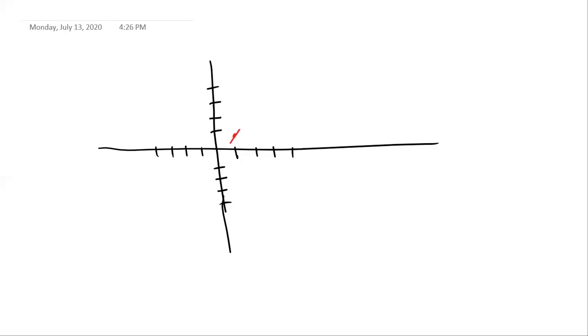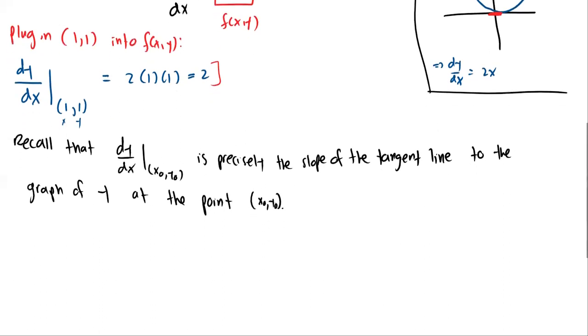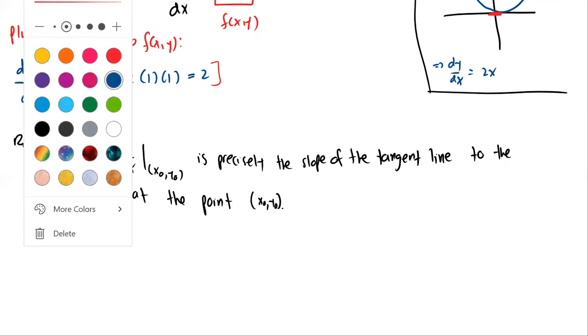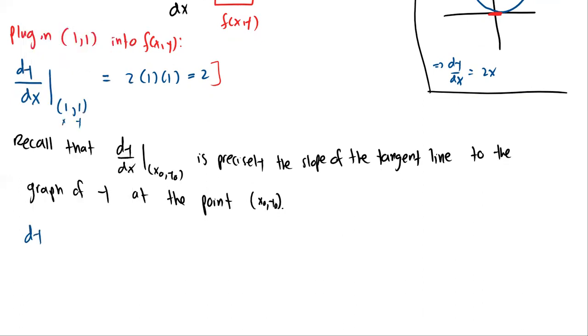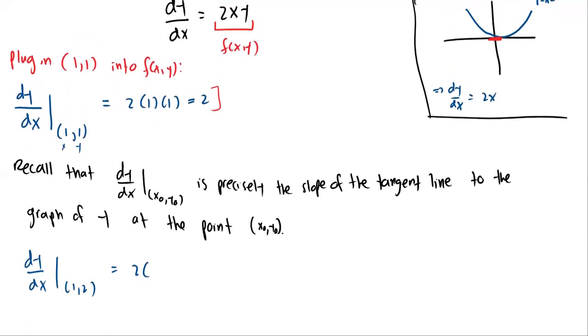Now we're going to do this for more points. Okay, so let's try a couple more points. Let's say we evaluate the derivative, dy/dx evaluated at (1, 2). What is this going to be? Going to your derivative, which is the same as f(x, y), where we see an x, plug in 1, where we see a y, plug in 2. So it ends up being 4.